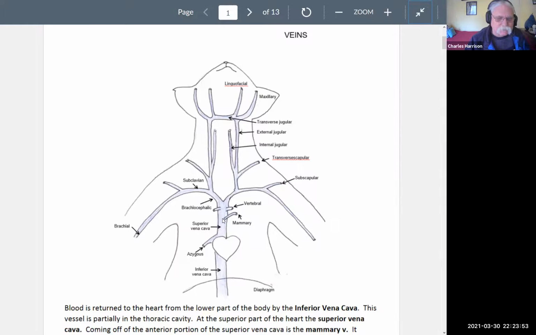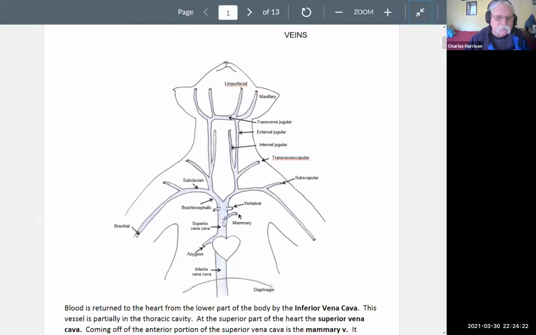About halfway up the superior vena cava is a vessel coming in called the mammary. It comes from both chest walls. Well, how can one come from both? Because you have a mammary over here and a mammary over here, and they come together as a Y, and just the leg of the Y comes in.